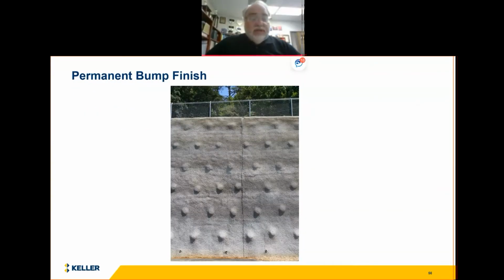For temporary excavation, or if the owner wants to save a little bit of money, we can do what we call the permanent bump finish, where we actually just thicken the shotcrete around the nail head for the soil nail to provide corrosion protection. You see here, it's kind of funny looking, the pimple wall.